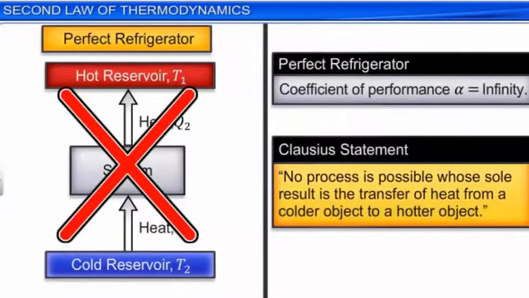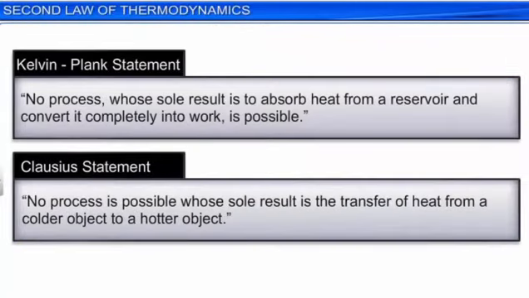This means we can't make a refrigerator function without any external work on the system. Both ways of stating the second law of thermodynamics are equivalent. Any one form of the law can be logically derived from any other form.